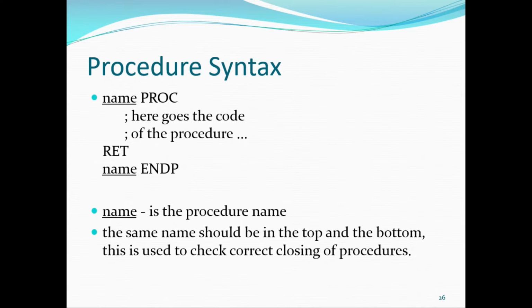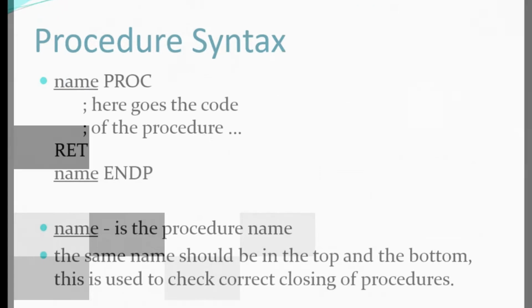Then we write its code according to its functionality, and at the end we write RET, which shows a return from the procedure. Finally we write the same name followed by ENDP, which shows the end of the procedure. The name used at the start and the end of the procedure should be the same.